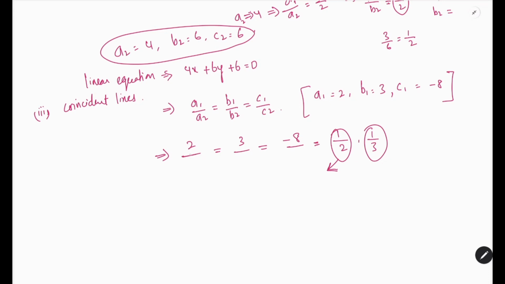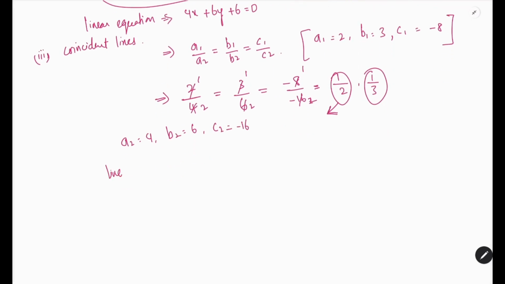If the ratio is to be 1/2, then the value of a2 should be 4, b2 should be 6 and c2 should be -16. So here we have got a2 = 4, b2 = 6, c2 = -16.